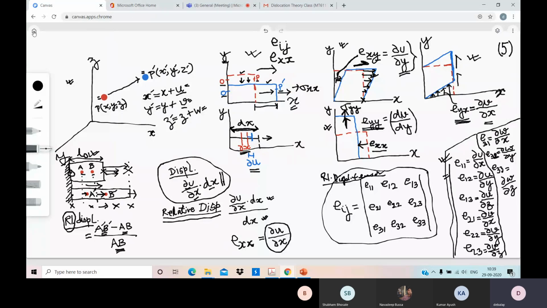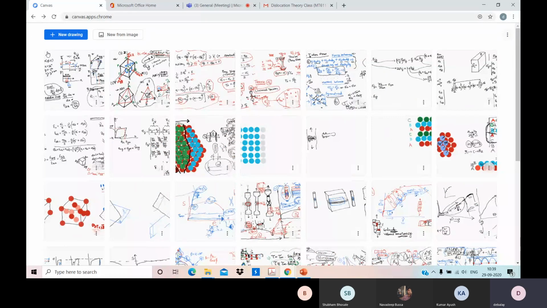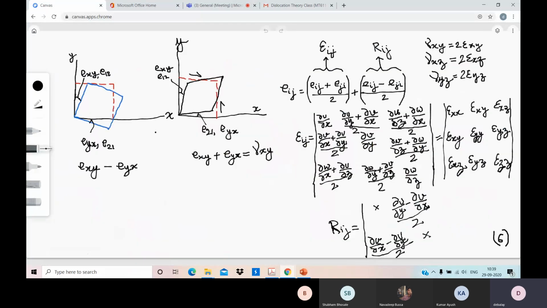Now in the next canvas screen, you will understand why so far I have been a bit hesitant to use the word strain, and whatever I am saying is relative displacement tensor. Because how will you represent this condition, what I am showing with the arrows? The initial body was in the dotted red line, and after displacement the body is represented by the blue line.